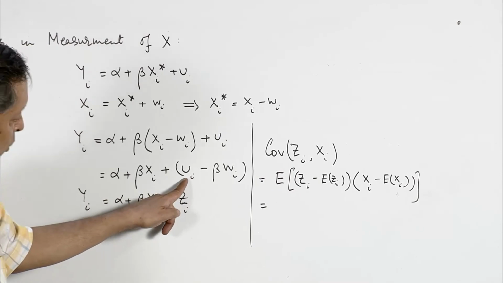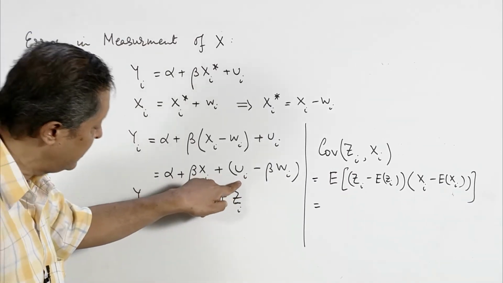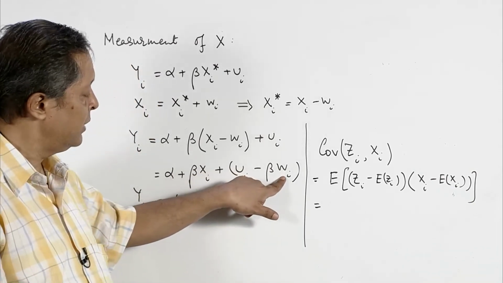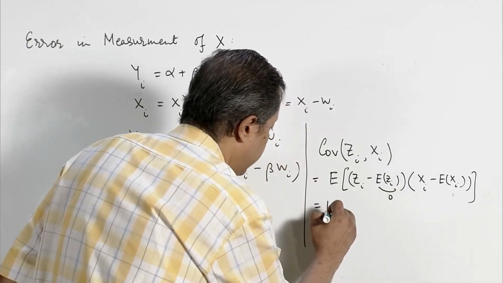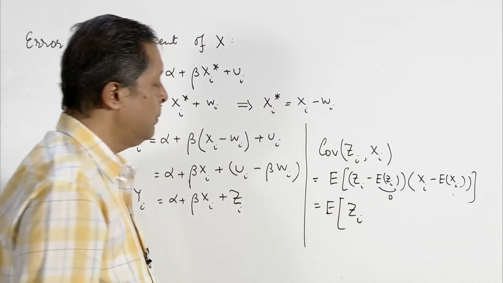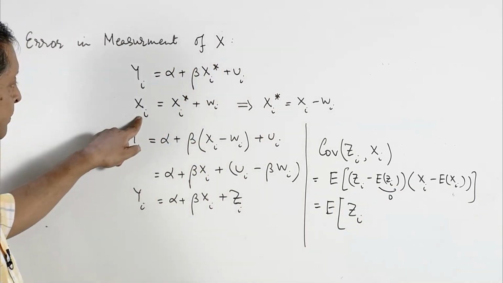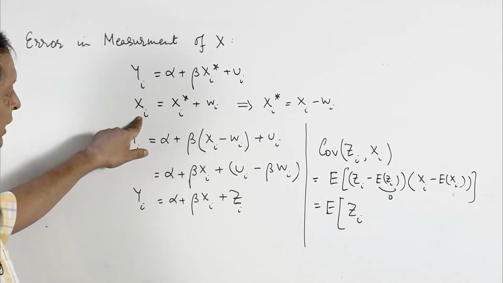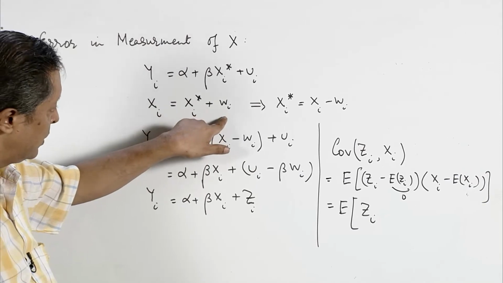That is expectation of ui minus beta wi, and by the classical properties expectation ui equal to 0, expectation wi equal to 0. So, this term will be equal to 0. So, we can write this as expectation of zi, and what about xi minus expectation of xi? So, xi is this, and what is expectation of xi? Expectation of xi star plus expectation of w, which is equal to 0.